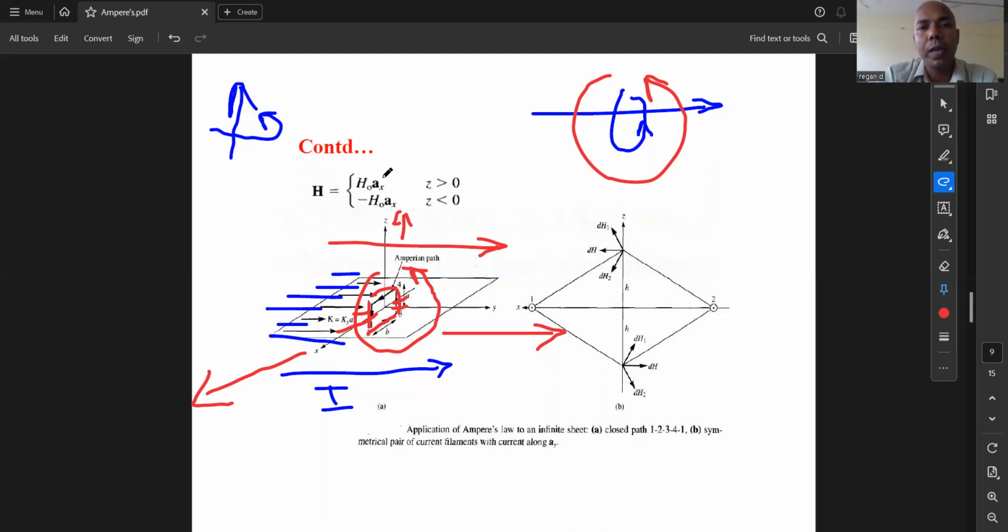The magnetic field is H naught, positive if z is greater than 0. So z is positive, so the magnetic field is positive. And if z is negative, in this direction, the magnetic field will be negative. So we have two magnetic field components in the x direction.